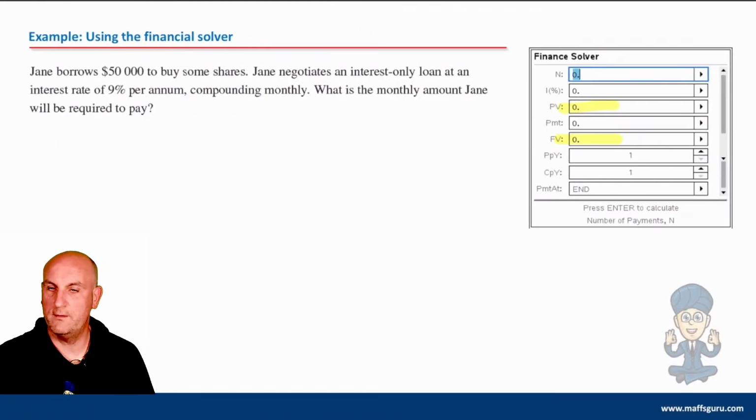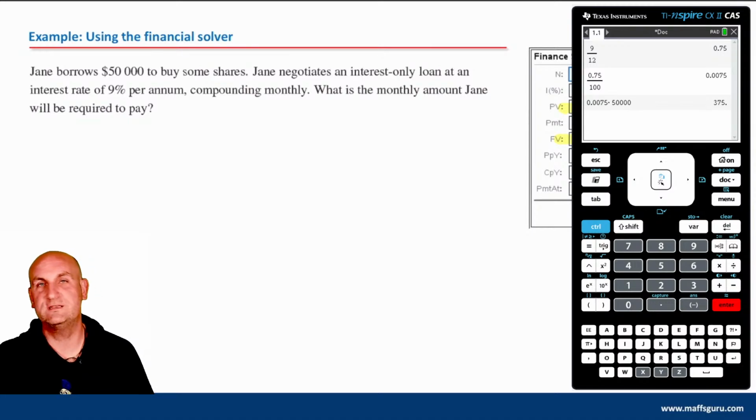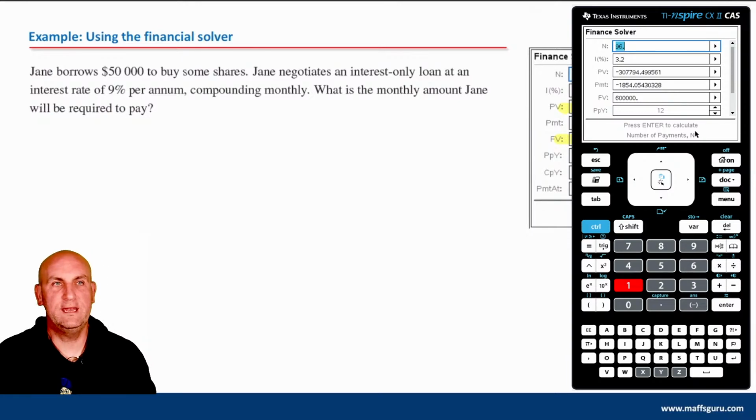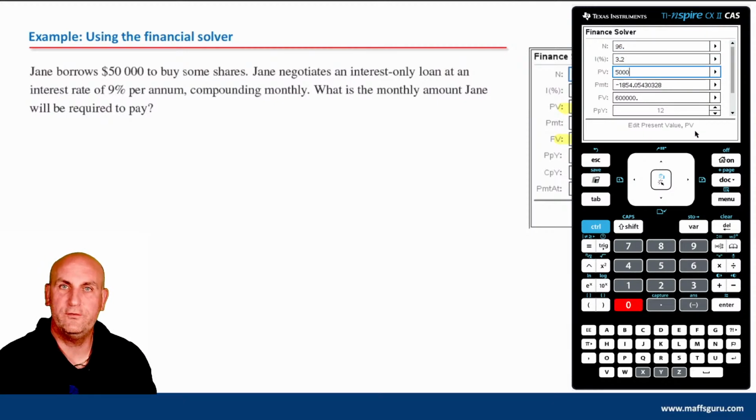So if I fire up my financial solver, and ClassPad users, my apologies, I don't have my ClassPad license anymore, but the functionality is pretty similar. So let's go menu, 8.1, rightio. Ignoring that information from a previous question, Jane borrows $50,000. So she's borrowing it, she's getting money, 50, 1, 2, 3.